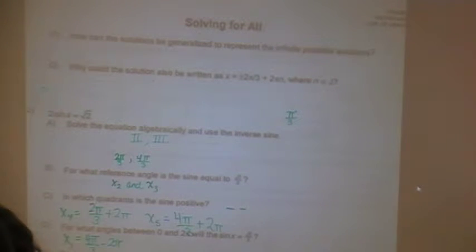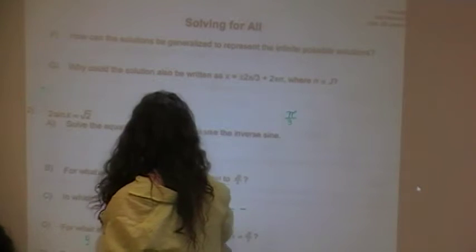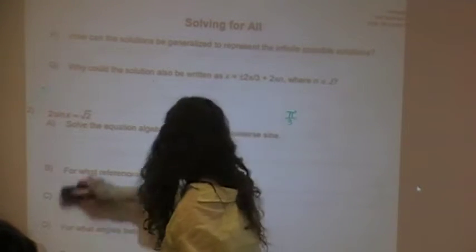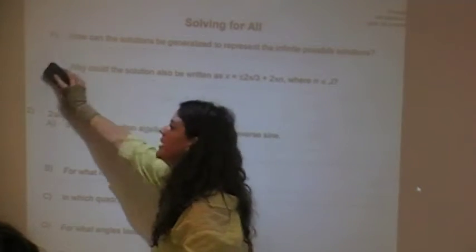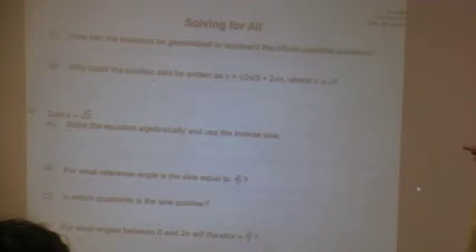Okay, now there's still more questions about this on the top of the next page. How can we generalize this to represent infinitely possible solutions? So we found x4 and x5, but what about x6 and x7 and 8 and 9 and 10 and 11? You take your first x and you add 2 pi, and you add 2 pi, and you add 2 pi.